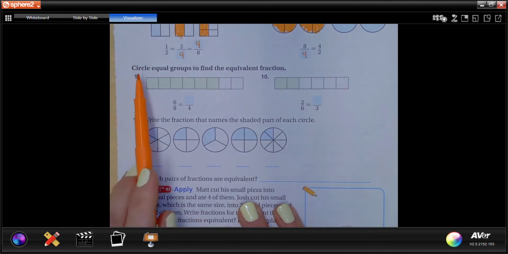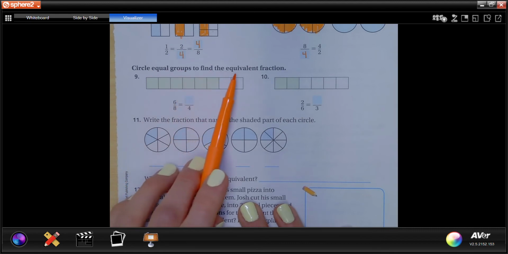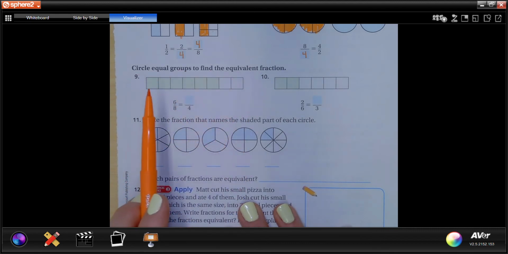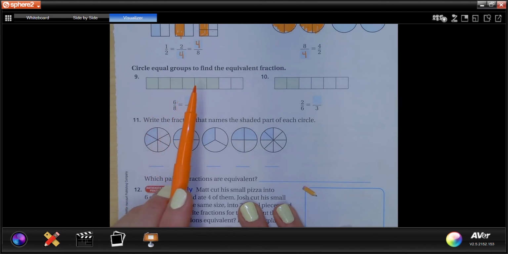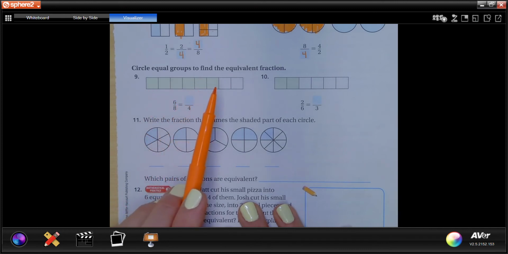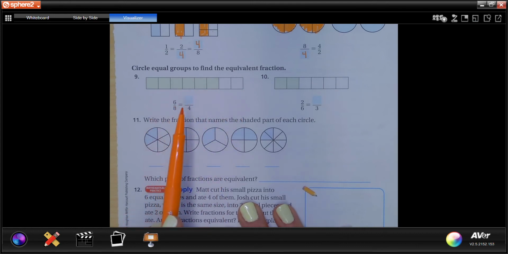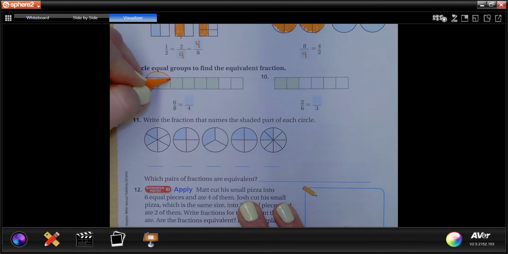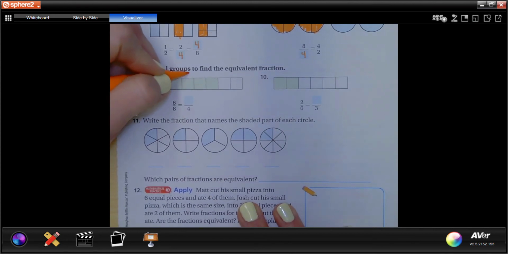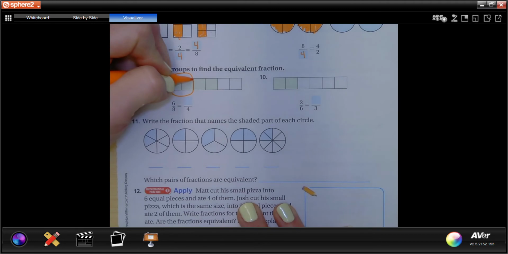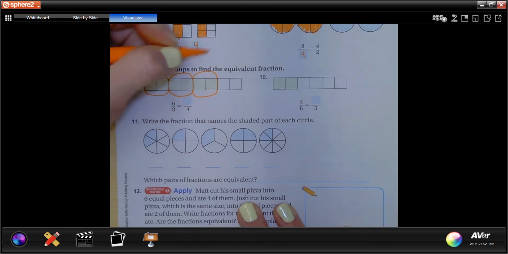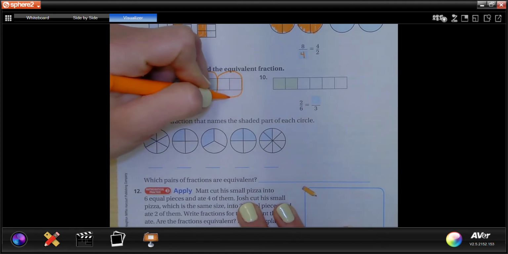Moving on, we're going to circle equal groups to find the equivalent fraction. Number 9. 6/8 are shaded. 1, 2, 3, 4, 5, 6 out of 8 total are shaded. Well, if we want them in 4 equal groups, we are going to say 1, 2, 3, 4. 4 equal groups.